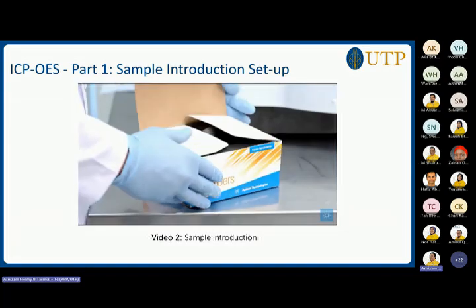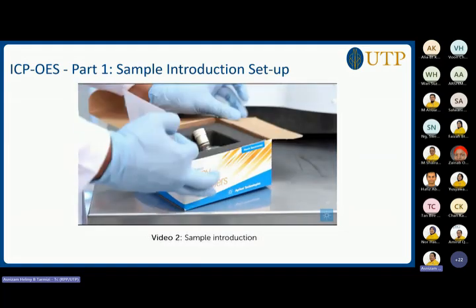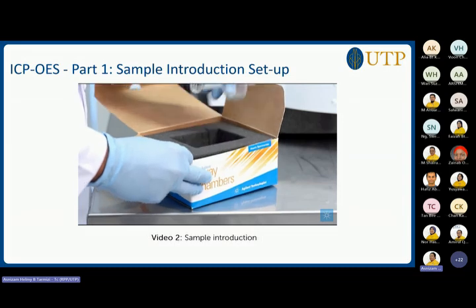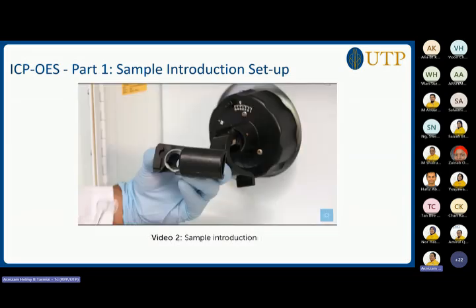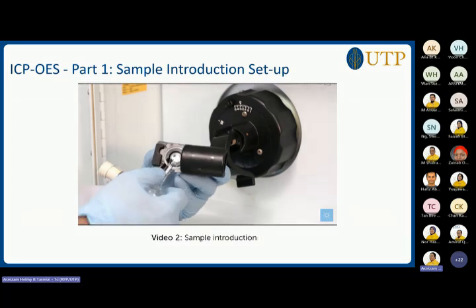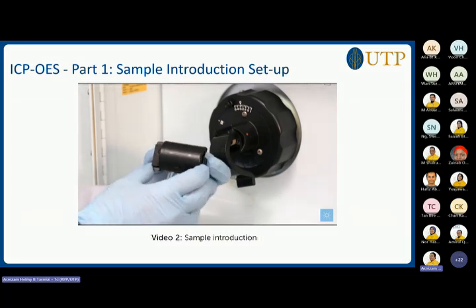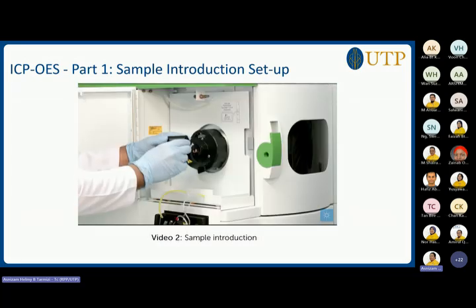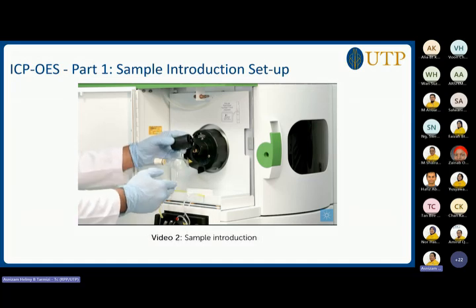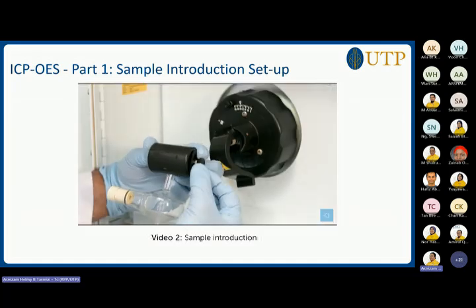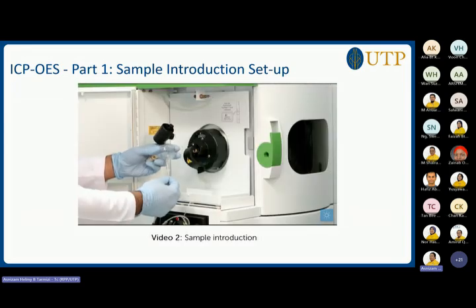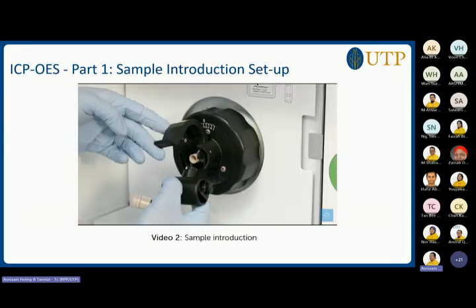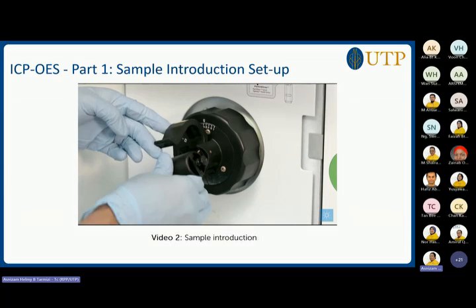Now, let me show you the glass cyclonic spray chamber. Open the clamp on the glass cyclonic spray chamber adapter. Insert the spray chamber into the adapter and close the clamp. Make sure the spray chamber is pointing downwards to ensure proper drainage. Then tighten the securing nut to lock the spray chamber in place. Attach the drain tubing to the spray chamber. Firmly push the spray chamber into the mounting block.